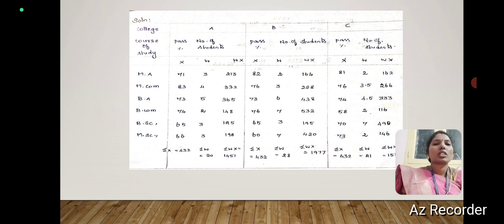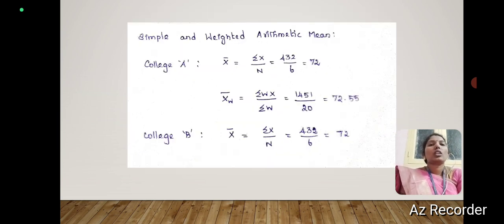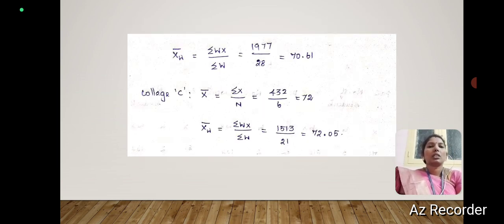So summation X, summation W and summation Wx are calculated for each of the colleges, and we get the weighted arithmetic mean for each college. For college A, x̄ equal to summation X divided by N. The formula is x̄w equal to summation Wx divided by summation W. So we get the answers x̄ as well as x̄w, that is, the mean and the weighted arithmetic mean.